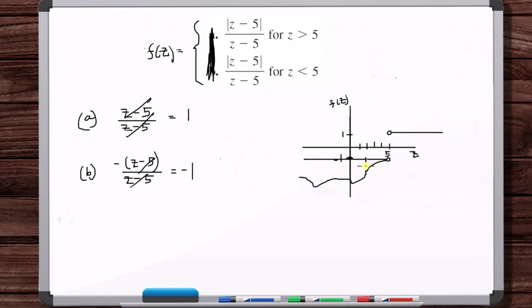And if z is less than 5, you could do the same analysis you would do on a regular function. And similarly, if z was greater than 5, you could do that same kind of analysis. That's what we'll do once you get to calculus. You can look at what's happening on one side of this discontinuity, and then look at what's happening on the other side, and combine your analysis together.